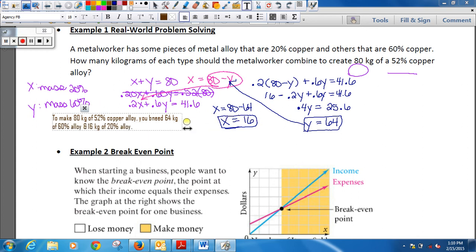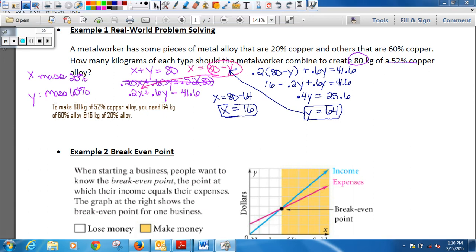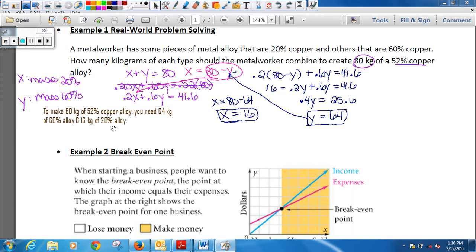And there's my statement. And I have a typo there. There we go. So to make 80 kilograms of 52% alloy, you need 64 kilograms of 60% alloy, because I need 64 of y, and 16 kilograms of 20% alloy because x is equal to 16. So it's going to be much easier if you clarify what your variables stand for before you start.